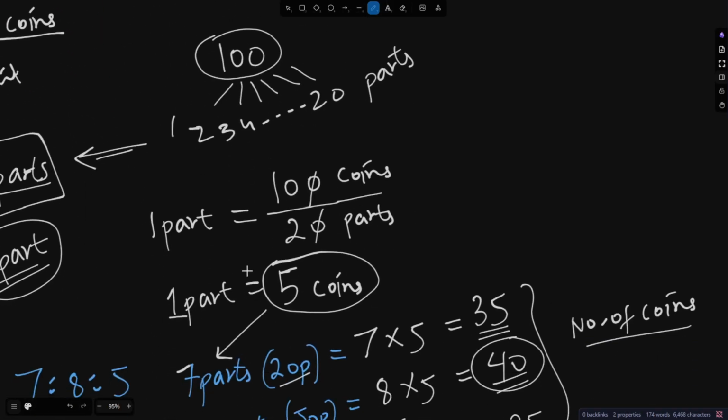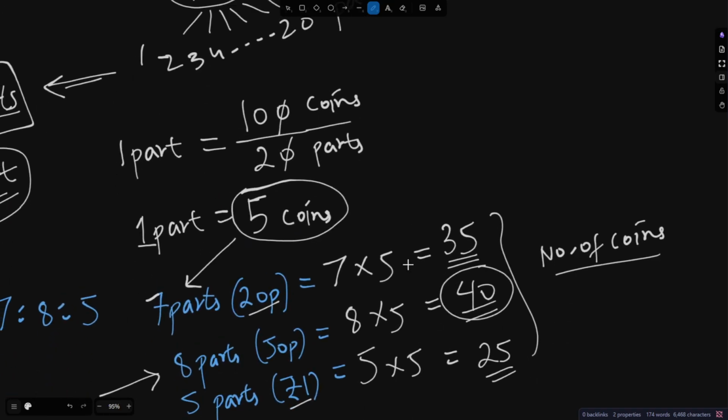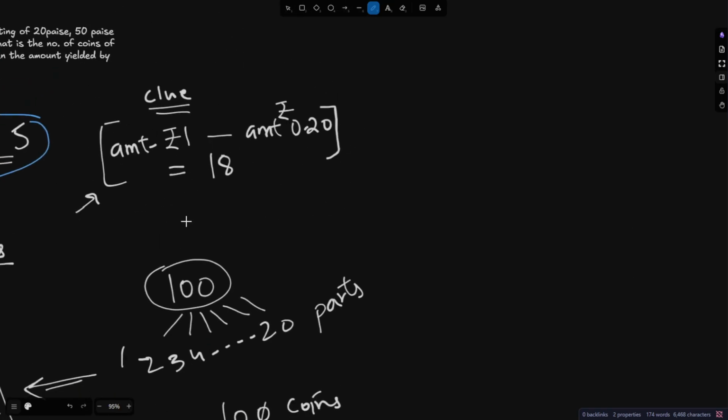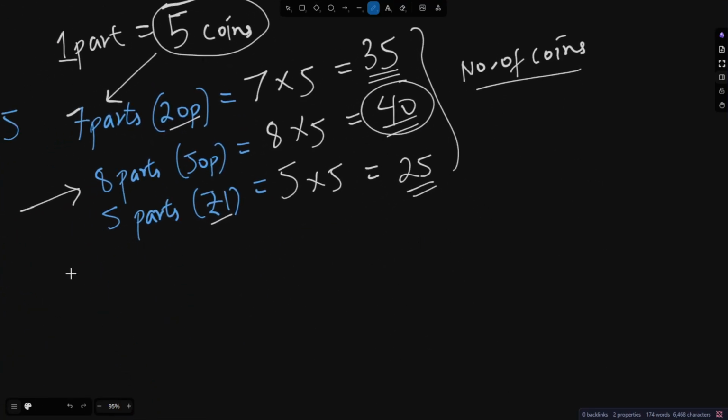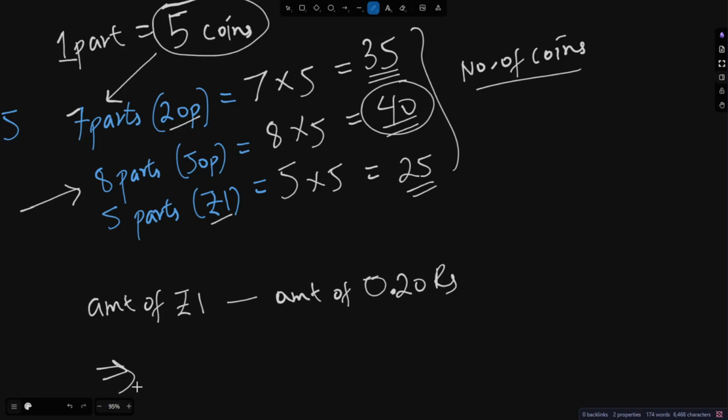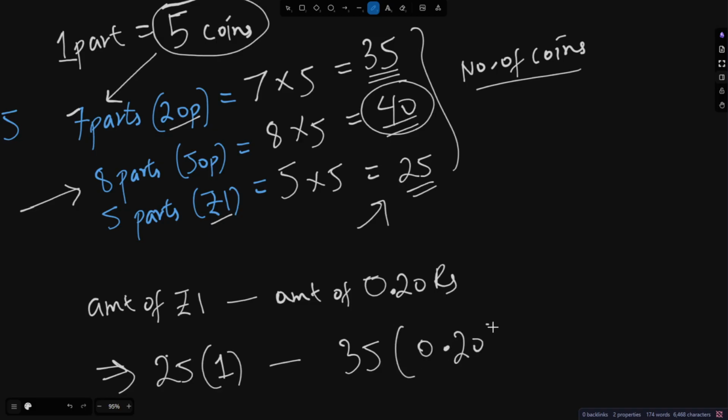But if you want to verify it, we can use these values and plug them in here. So amount of 1 rupees minus amount of 20 paise. Amount of 1 rupees minus amount of 0.20 rupees equals, here, there are 25 coins of 1 rupees minus there are 35 coins of 0.2 rupees.